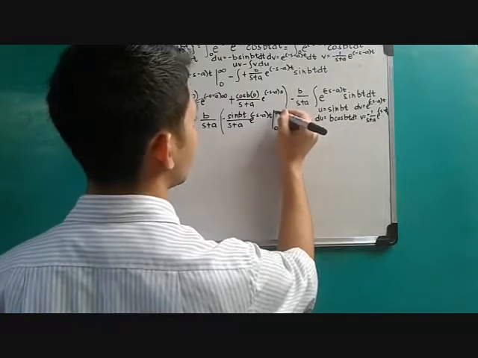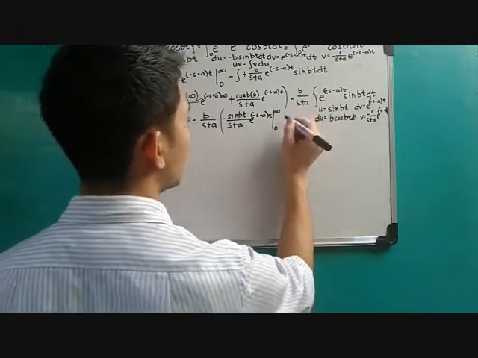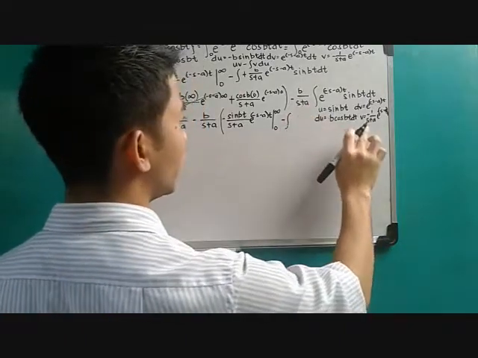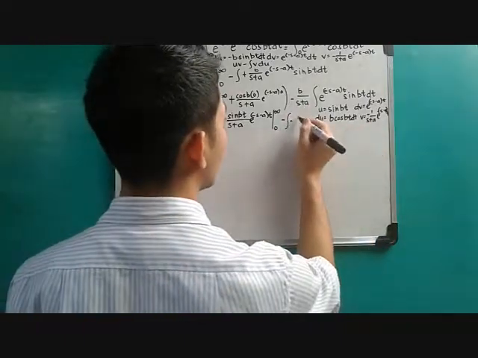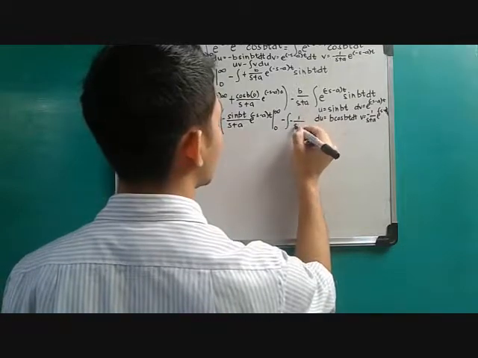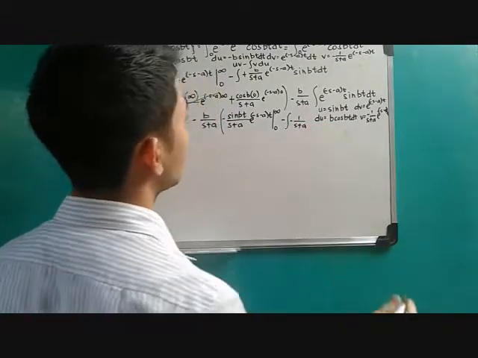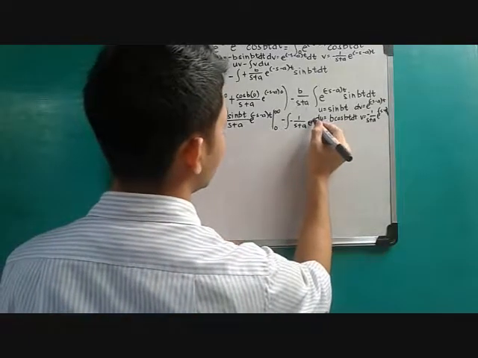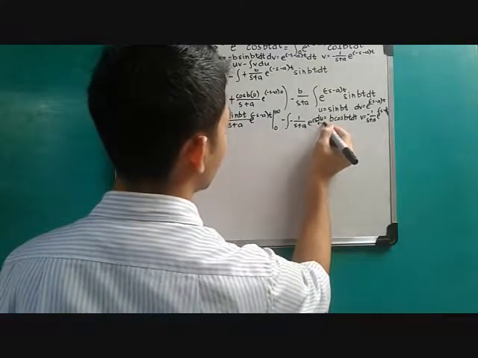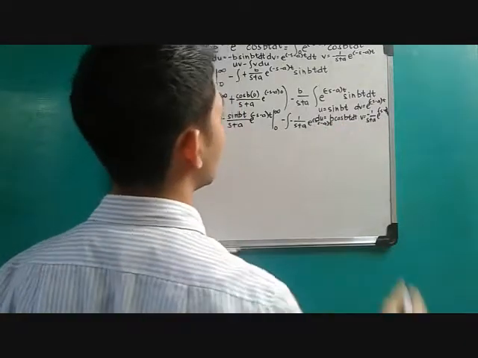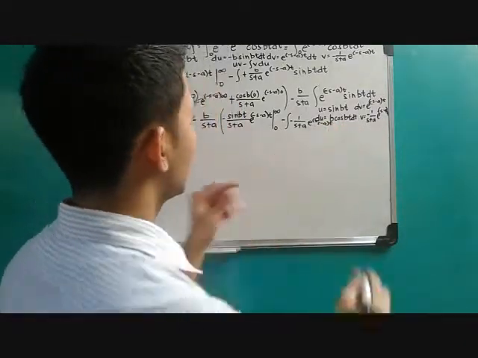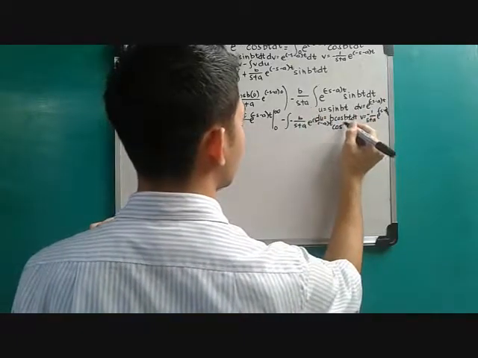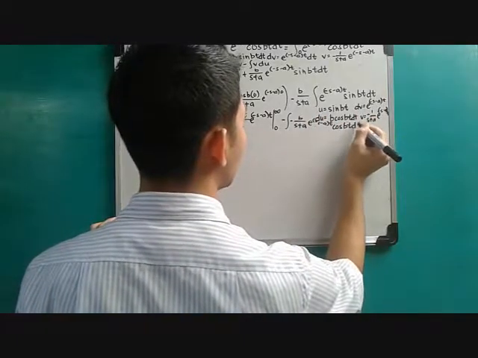Substituting the limit so that you will not get confused, minus integration of your v, which is negative 1 over s plus a times e raised to the quantity negative s minus a times t, and your du is b cosine bt dt.